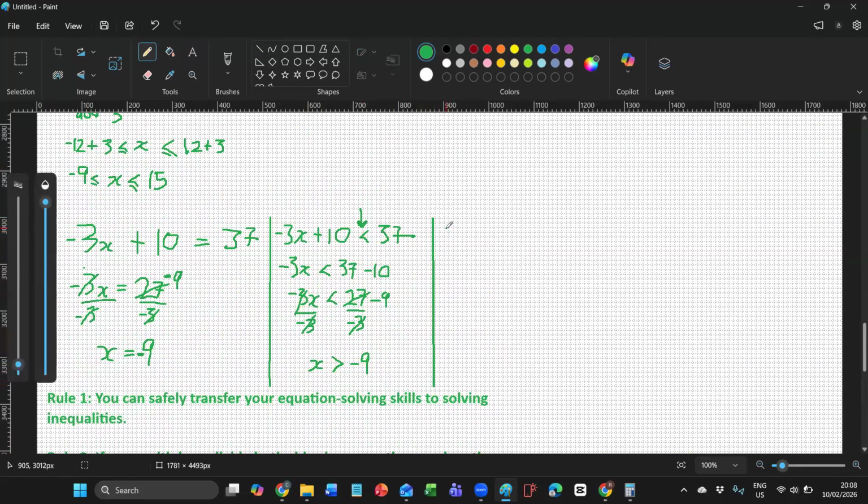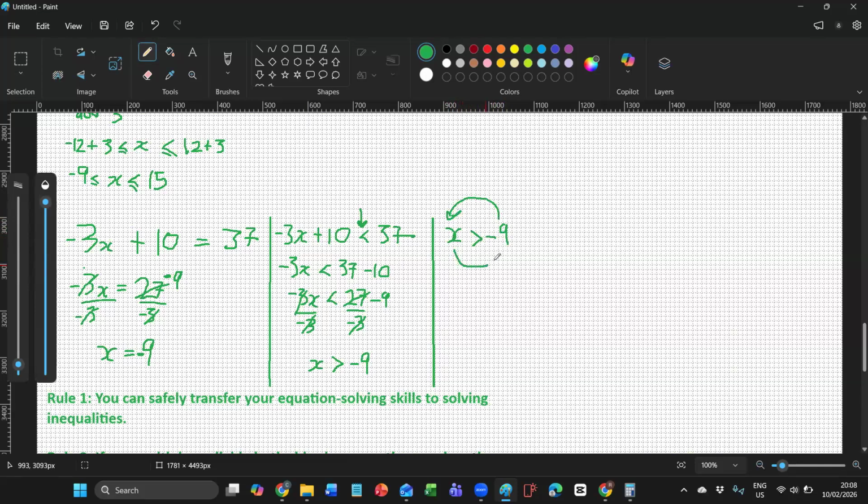Okay, so for instance, if I had something like this, my answer x is greater than -9, right? Yes, sir. See what will happen when I switch sides. What I mean by switching sides is this -9 will come to this side where x is.